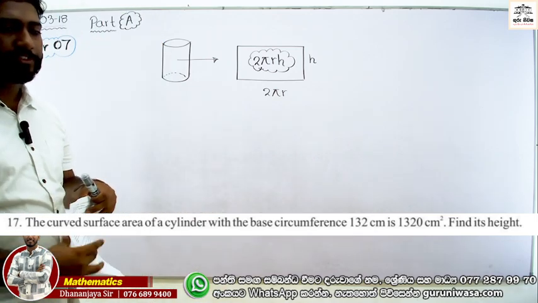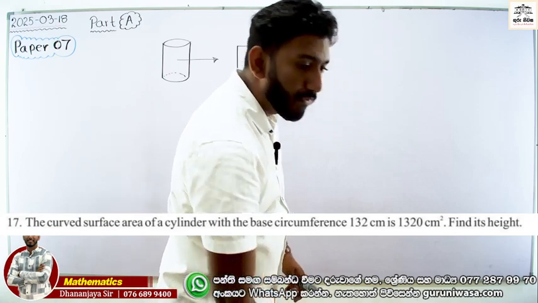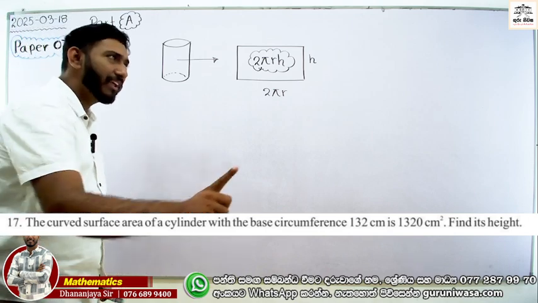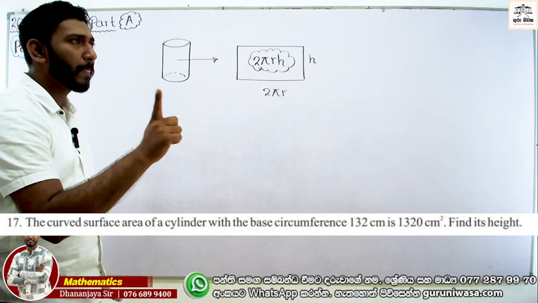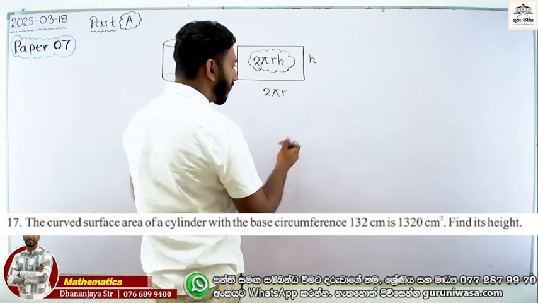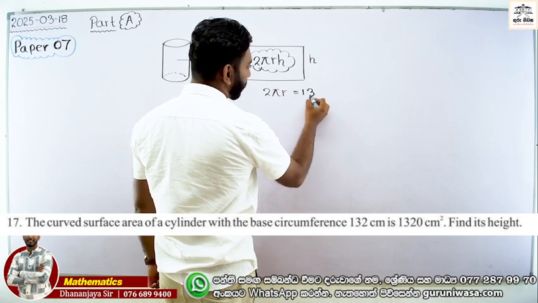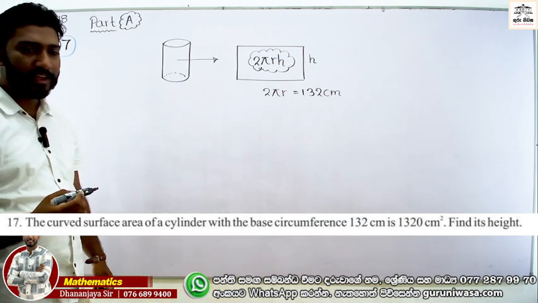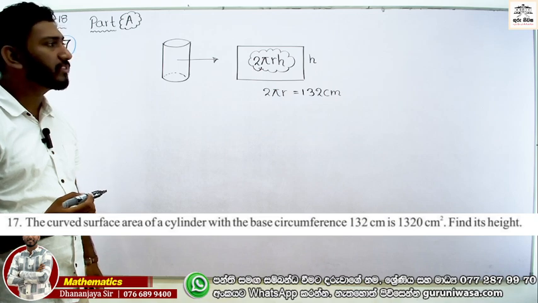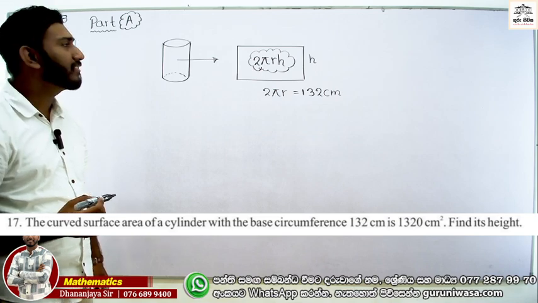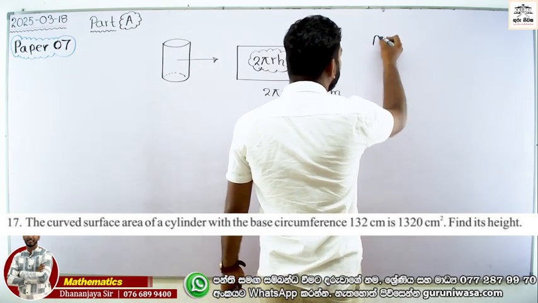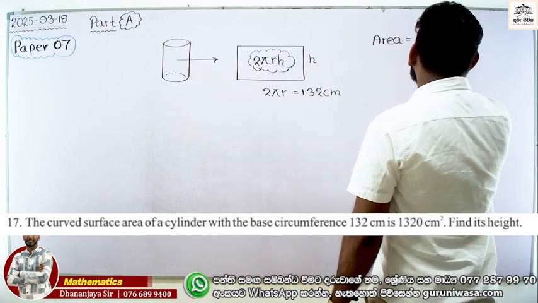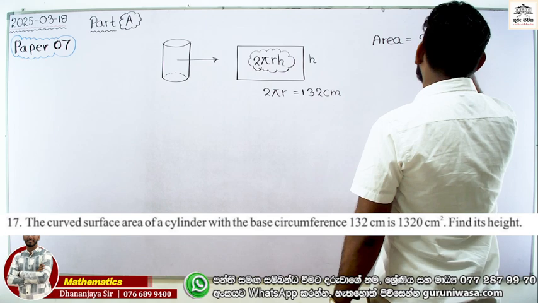The curved surface of a cylinder whose base circumference is 132 cm, and the area is 1,320. The base circumference is 2 pi r, so 2 pi r is 132 cm. We know the area equals 2 pi r multiplied by h.